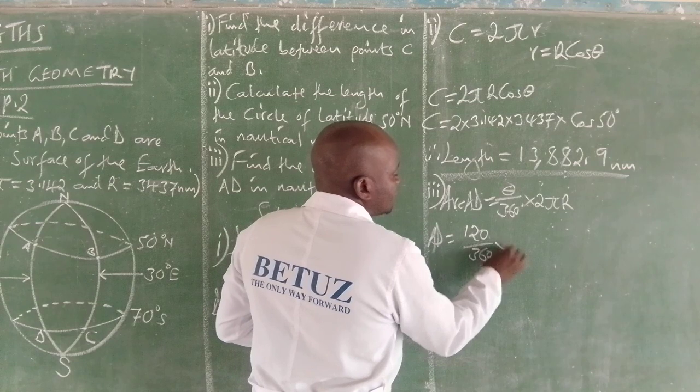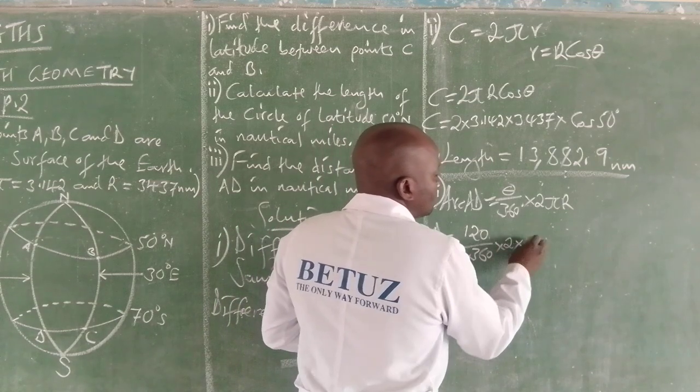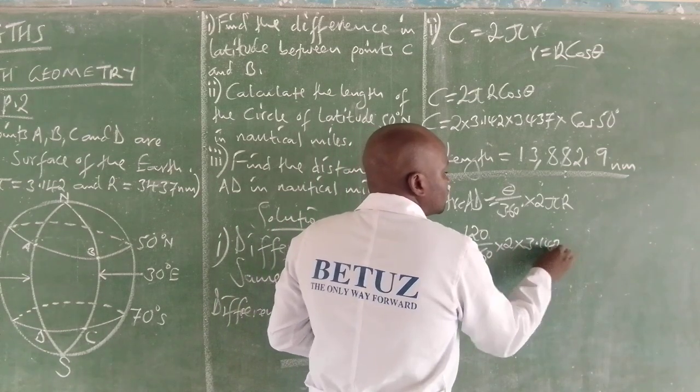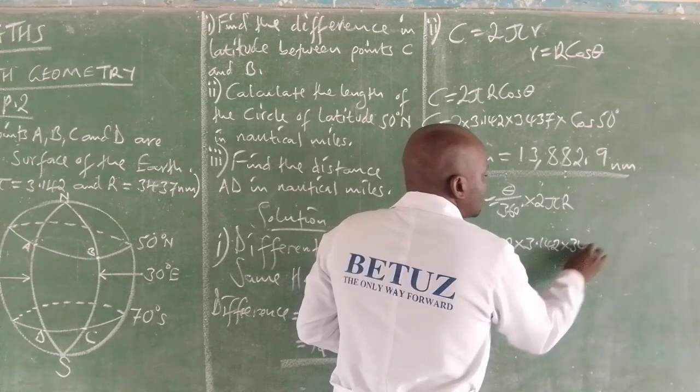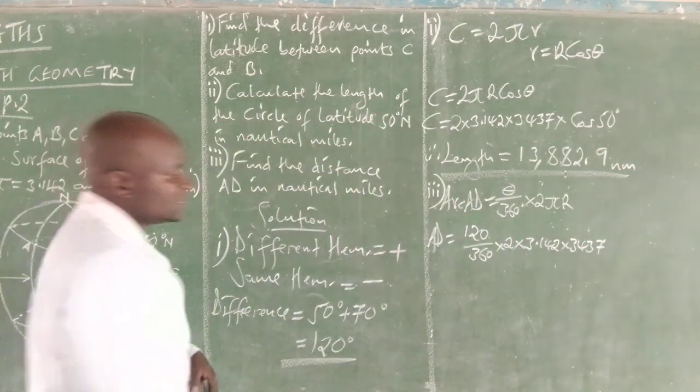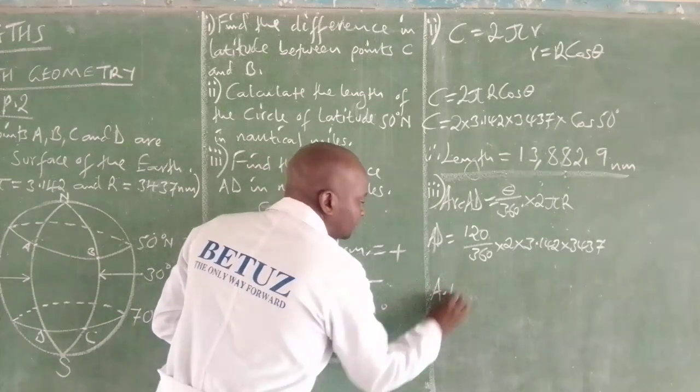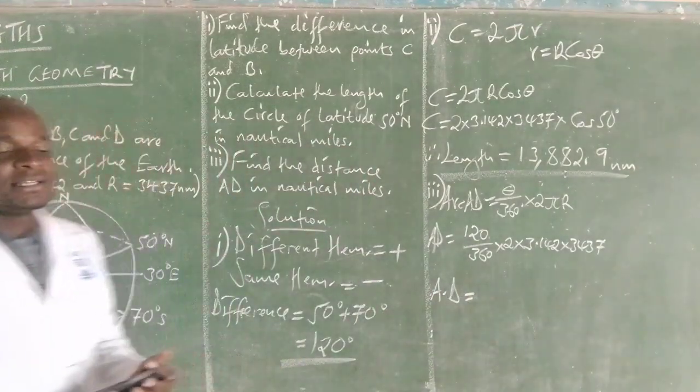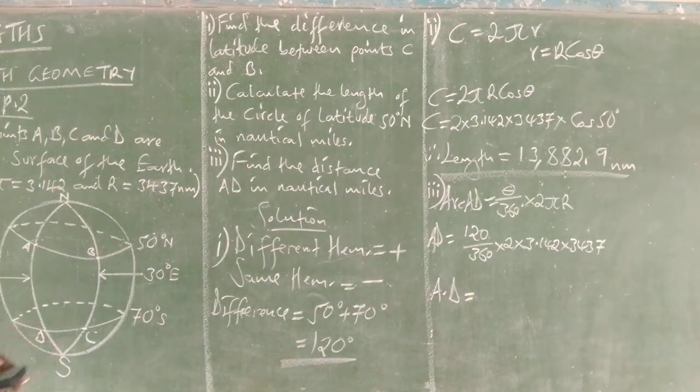So where theta is 120, we're going to have AD equal to 120 over 360 multiplied by 2 multiplied by 3.142 multiplied by 3437. We simply multiply and divide those figures the way they are.